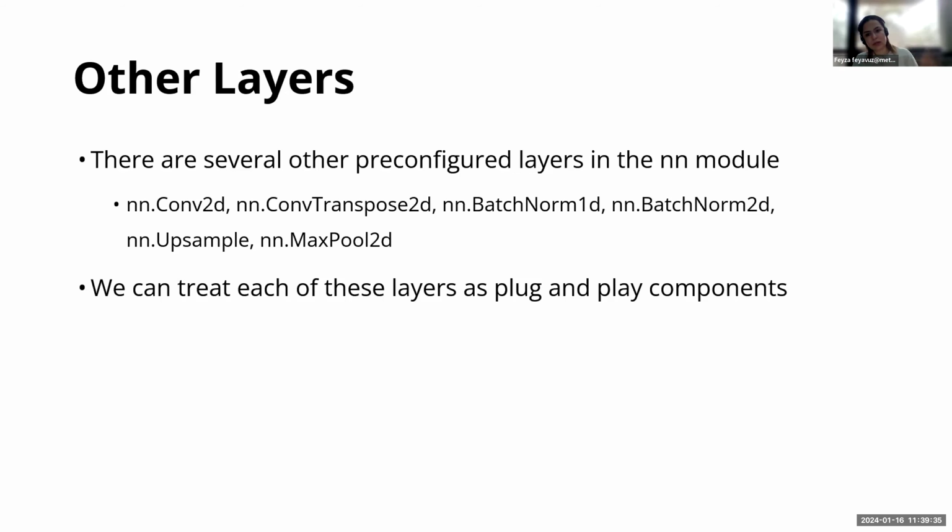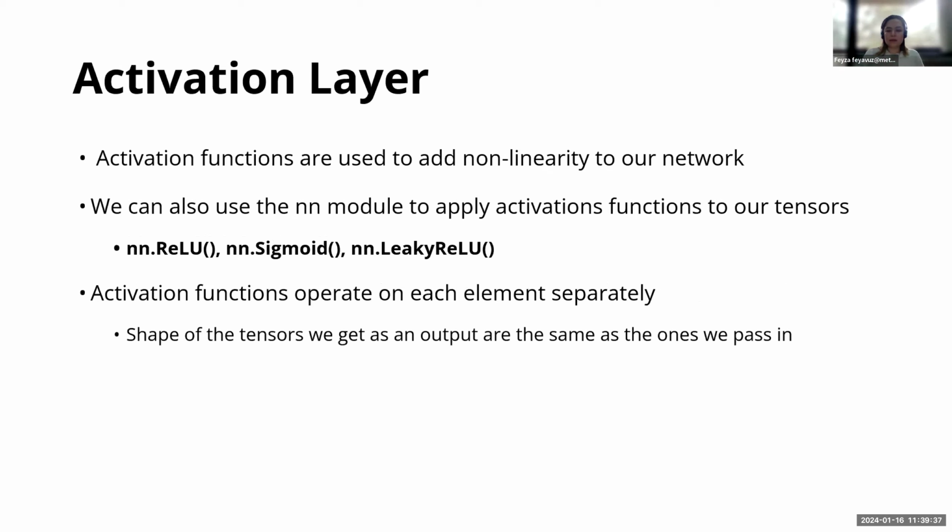And activation layers are used to add non-linearity to our network, based on activation functions. We can use the NN module again to apply these activation functions as an activation layer, such as ReLU, sigmoid, or Leaky ReLU.